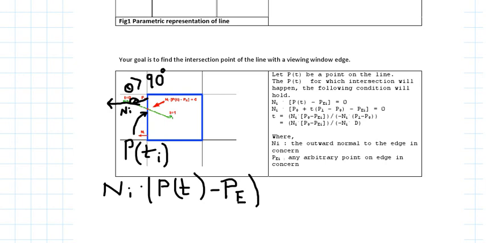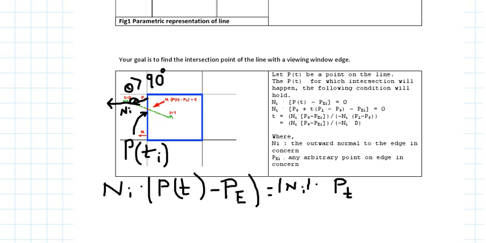So now tell me, will the value of this dot product be greater than 0, or less than 0, or equal to 0? As the angle between the two vectors is greater than 90 degrees, the dot product value is going to be less than 0.